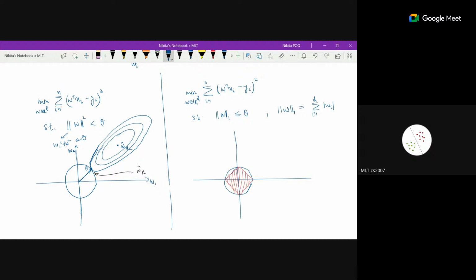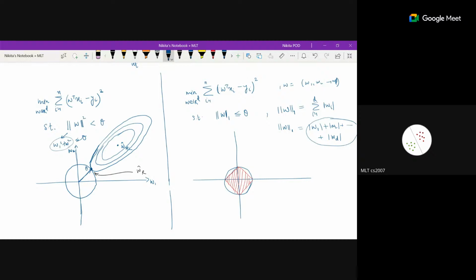So if my W is W1, W2, and so on till Wd, the L1 norm of W is mod of W1 plus mod of W2, and so on till mod of Wd. This is also a measure of distance, just like the L2 norm, where you take the square and add.